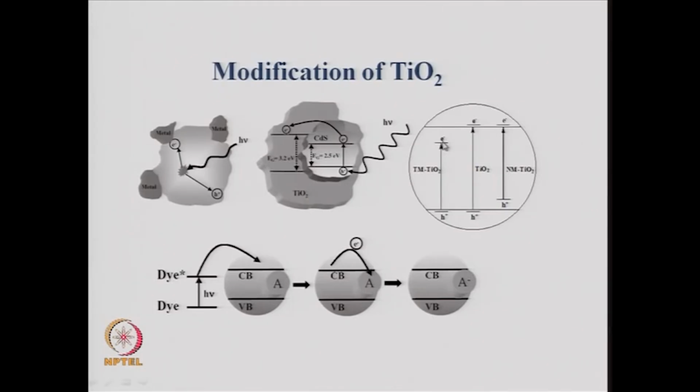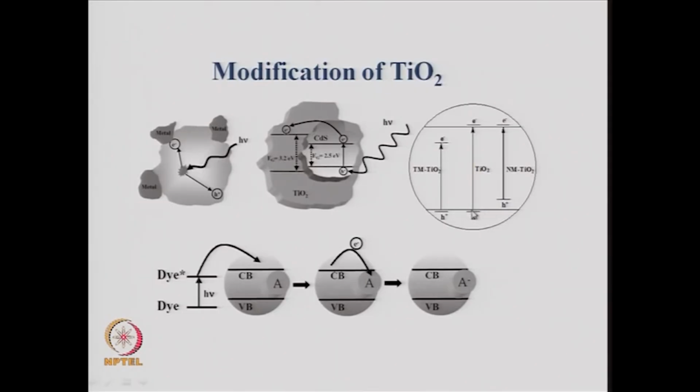So, the electron will be here because it is lower in energy than this, and you can have a hole in the lower energy level, or you can have a non-metal doping TiO2, then you have an energy level which is higher than the valence band of TiO2.